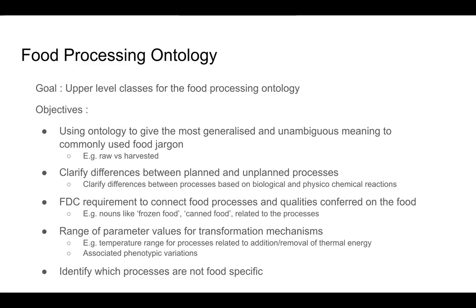And these are some of the applications. So all these could be in specific ontology adoptions. You could create food qualities such as food raw or food harvested, and then the classes in the ontology can be used to come up with a specification for what these terms mean in your context.